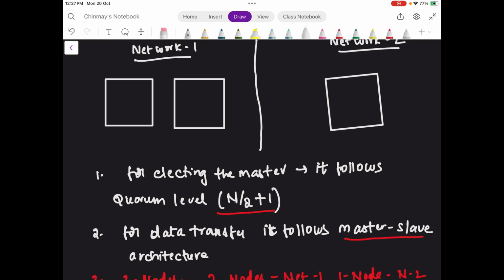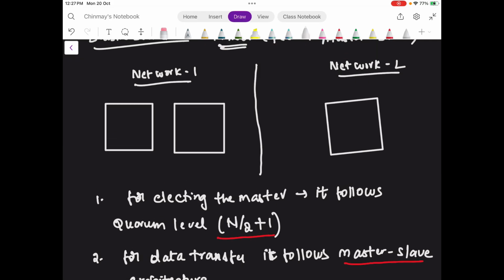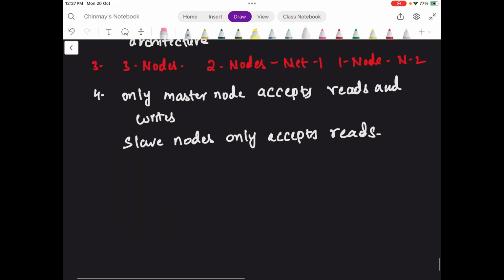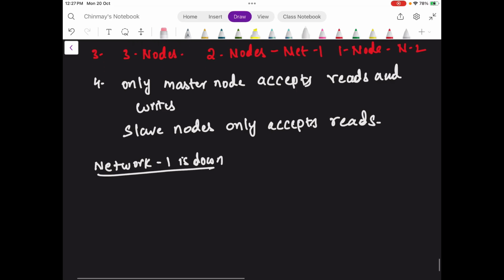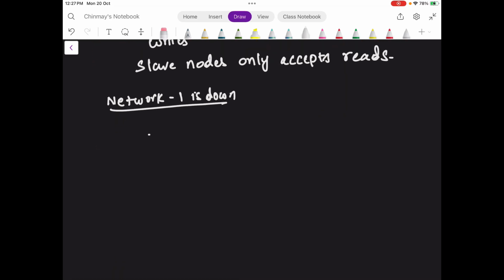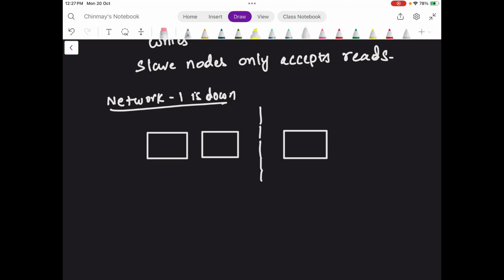So for electing the master, let's see, network 1 is down. For better understanding, I will draw again here. These are network 1 nodes. This is network 2. For example, network 1 is down.